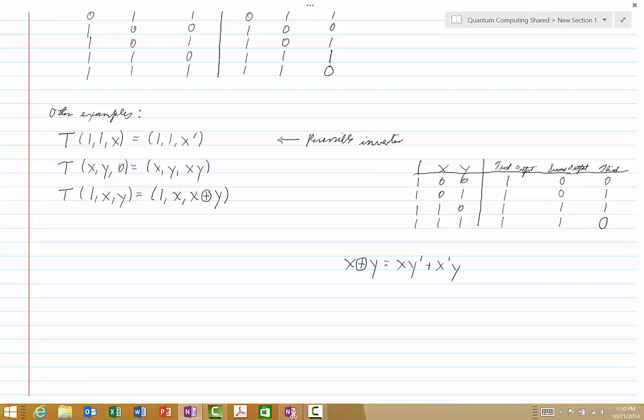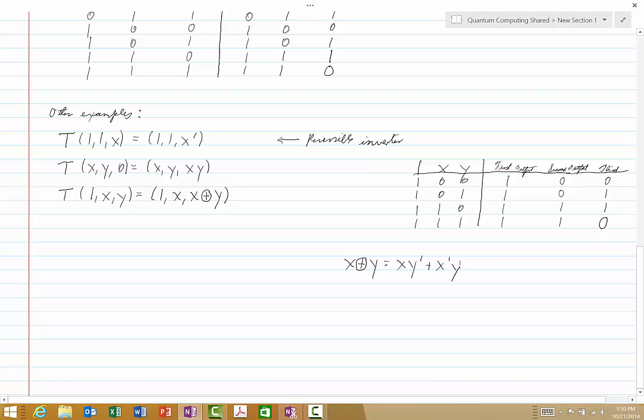When X and Y have the same value, the exclusive OR of X and Y is equal to 0, but when they have different values, then the exclusive OR is equal to 1. So again, looking up here, in the first row, X and Y are the same, and so we get 0. And the last row, X and Y are the same, and we get 0. But in the middle two rows, X and Y differ, and there we get 1. So that's why this third bit is the exclusive OR of X and Y.